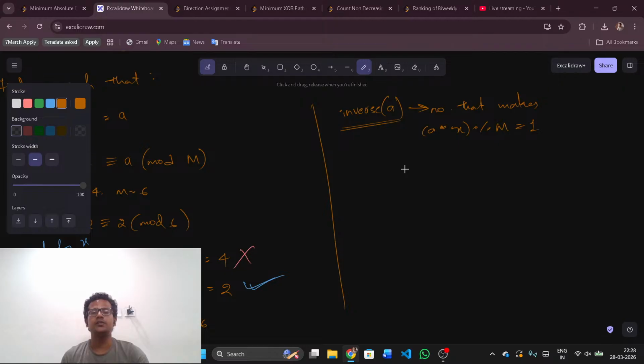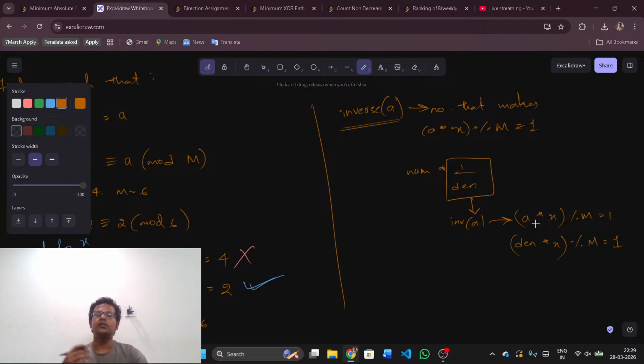Imagine I have a numerator into 1 by denominator. Let us take the denominator as A. The inverse of A is the number that makes A, the denominator, into X mod M equal to 1. So that's how we're going to solve this.